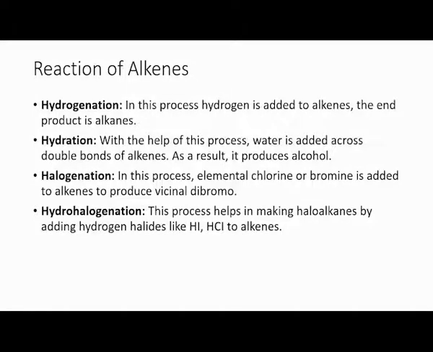Halogenation, where you add group 7 elements to alkenes, then haloalkanes will be formed. Hydrohalogenation is a process of making haloalkanes by adding hydrogen halides. Hydrogen halides, for example, hydrogen fluoride, hydrogen chloride, are compounds of hydrogen and group 7 elements.